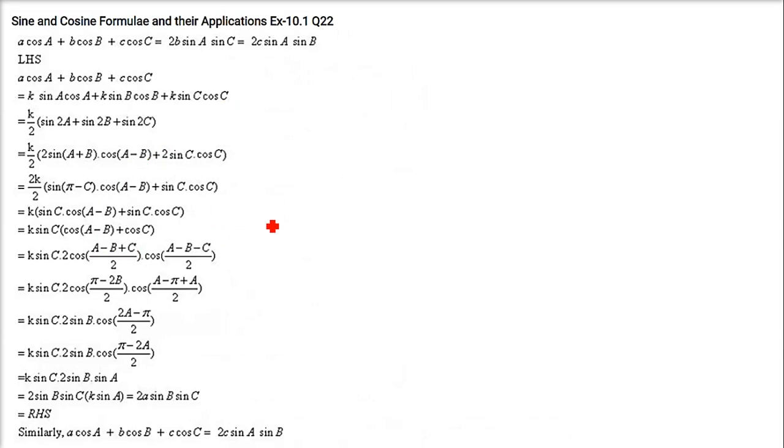But here, I'll show you what we have done. Here, a plus c is written as pi minus b. We already have a minus b. So this will be pi minus 2b here. Here what we have done, this can be written as a minus b plus c. B plus c can be written as pi minus a.